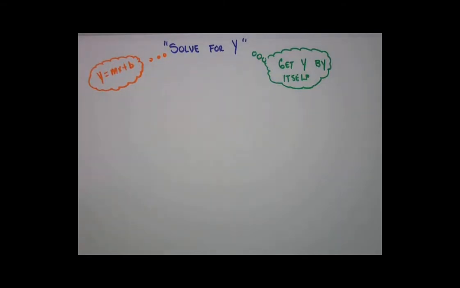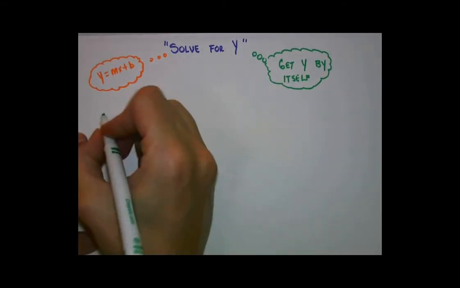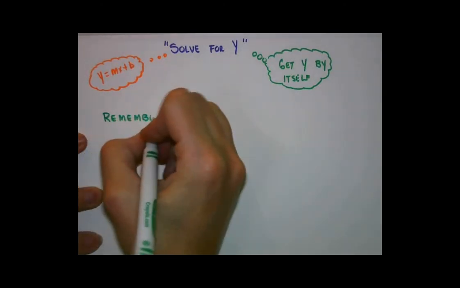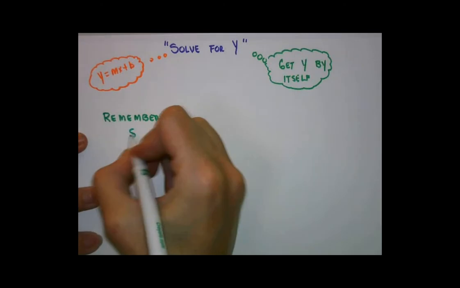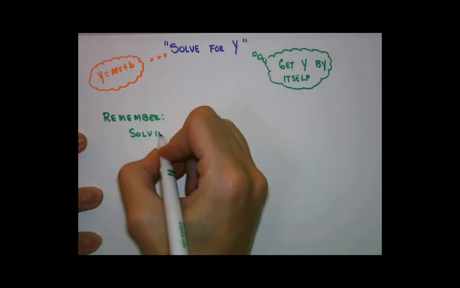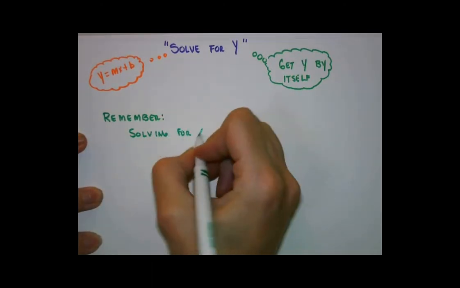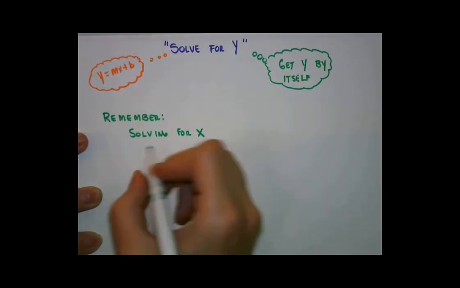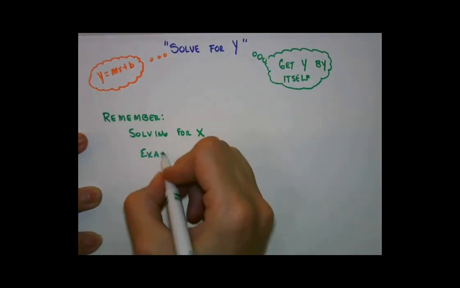Before we get into solving for y, let's remember something we did in the past. Solving for x. At the beginning of the year, we worked on problems that look like this. Here's an example.